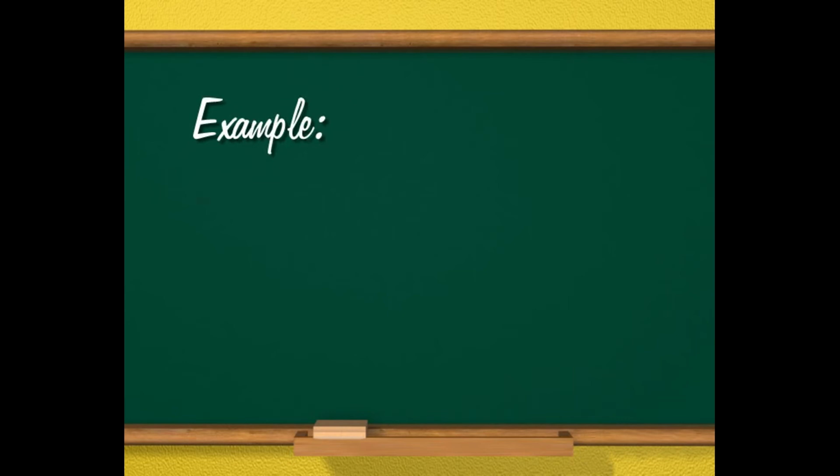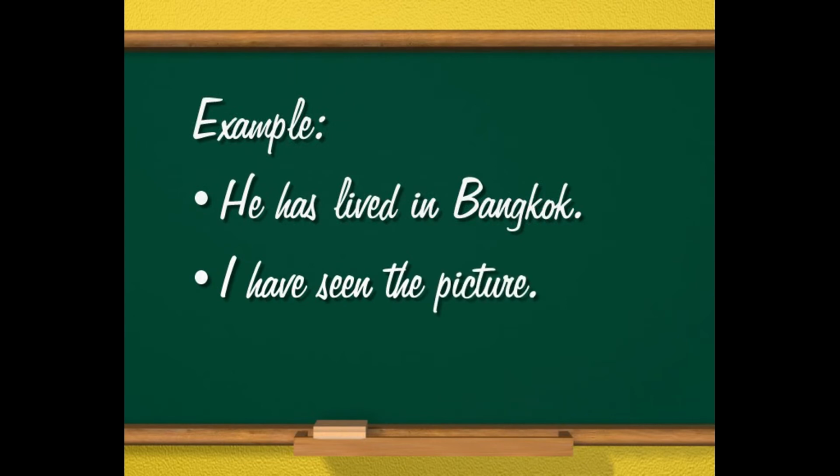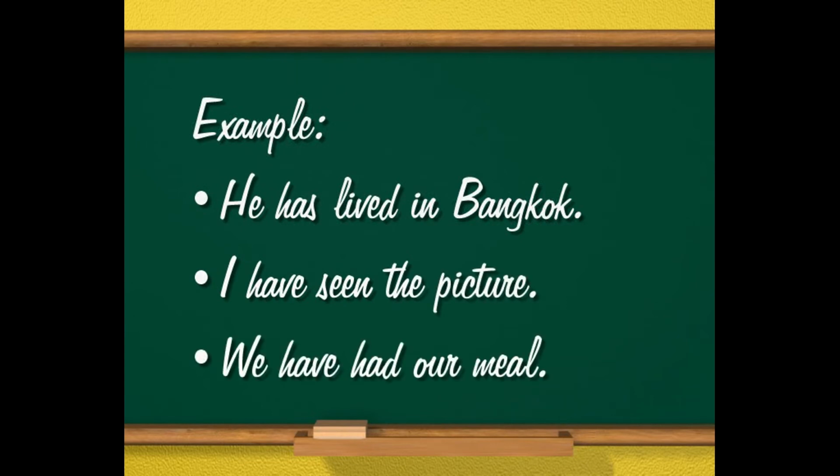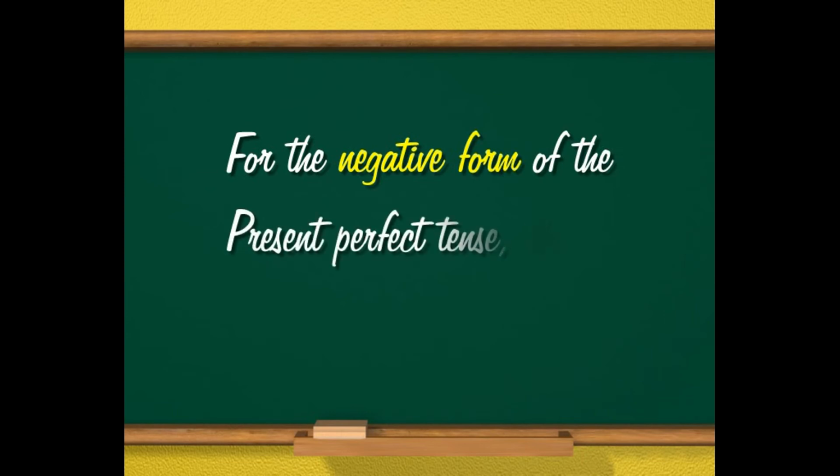Example, he has lived in Bangkok. I have seen the picture. We have had our meal. For the negative form of the present perfect tense, the following rule applies.